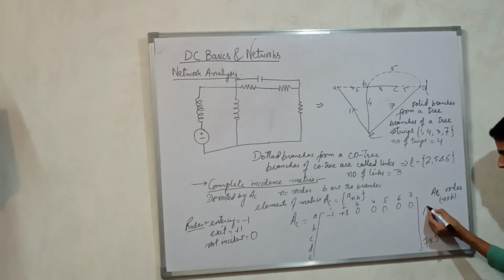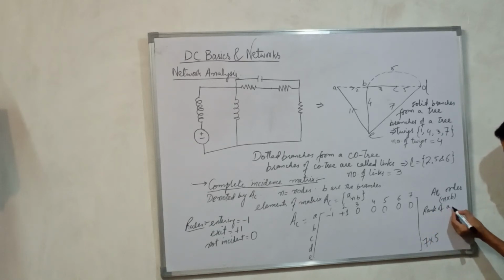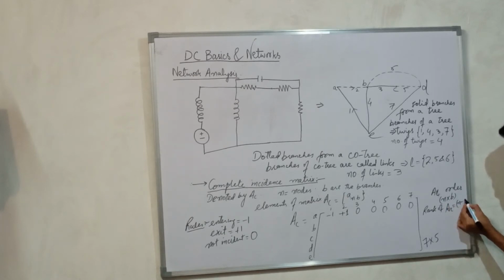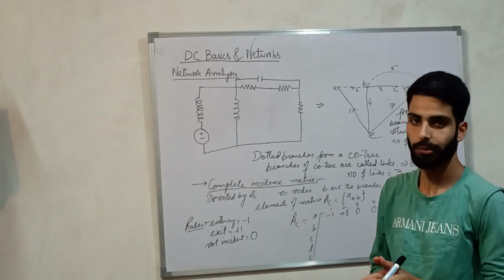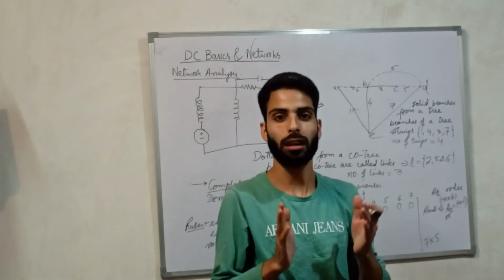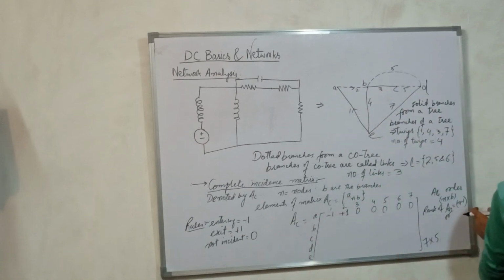And the rank of AC is always n-1, nodes minus 1. Or by the derivation process, if we were to study academically, we would reach the conclusion that the rank of AC is n-1.